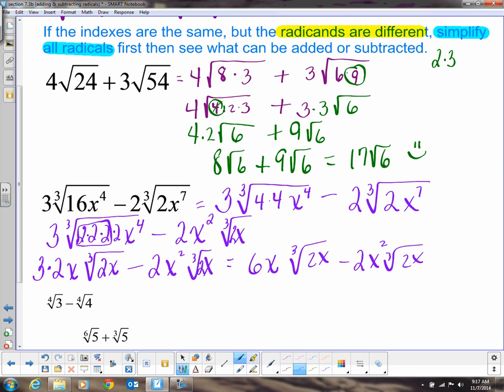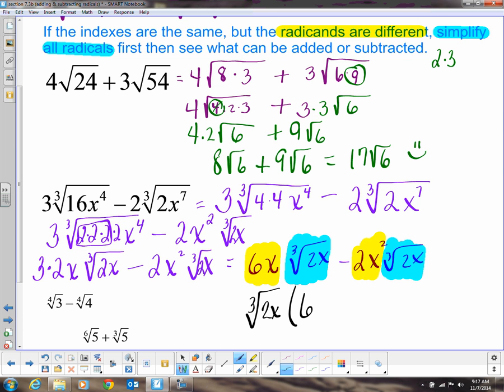What's good about this problem? What's bad about this problem? No. Does the outside match? Can we add those? You know what we could do, though? We could factor out cube root of 2x, leaving us with what?